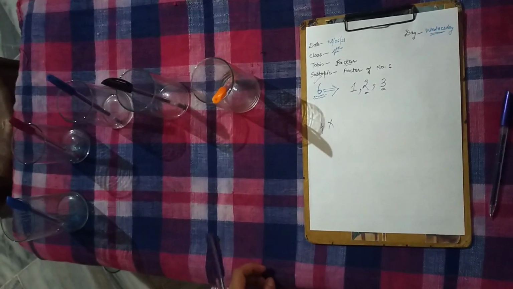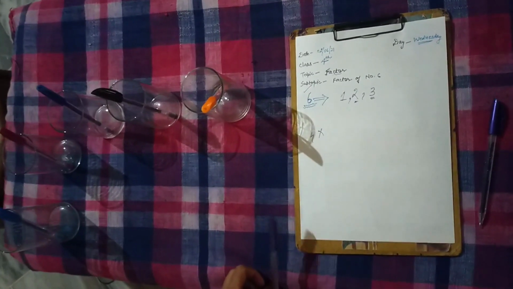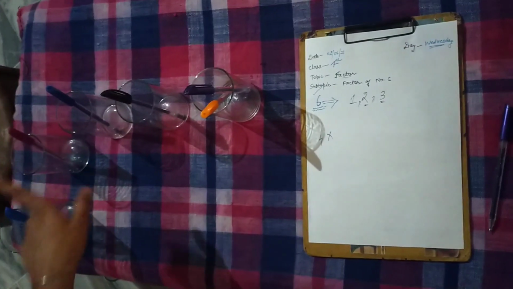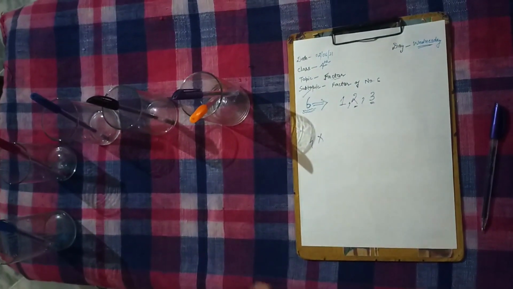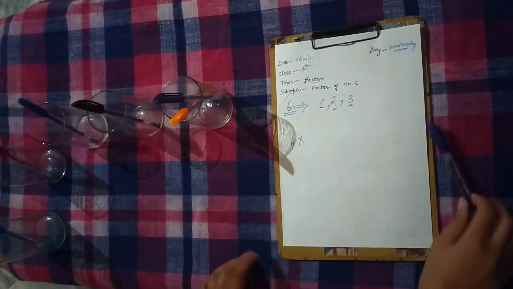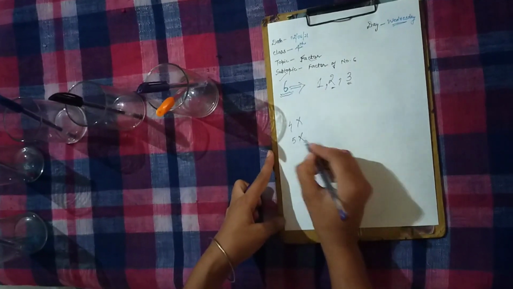If I put it in any glass, then that glass will have 2 pens and the others only one. So we can't divide 6 equally into 5 glasses. So 5 is also not a factor of 6. A number is a factor of 6 only when we can divide equally.